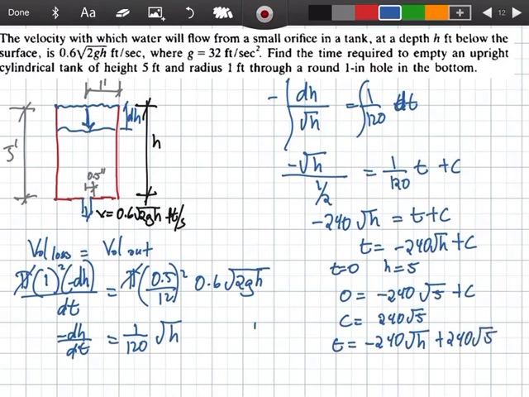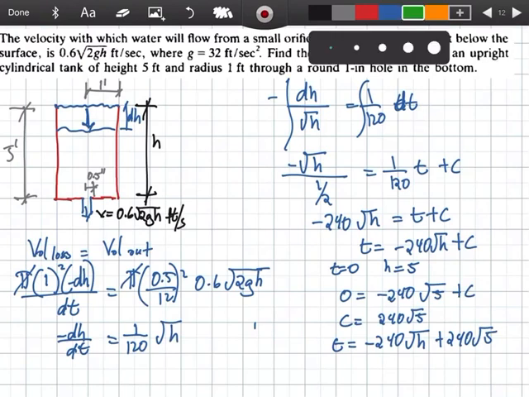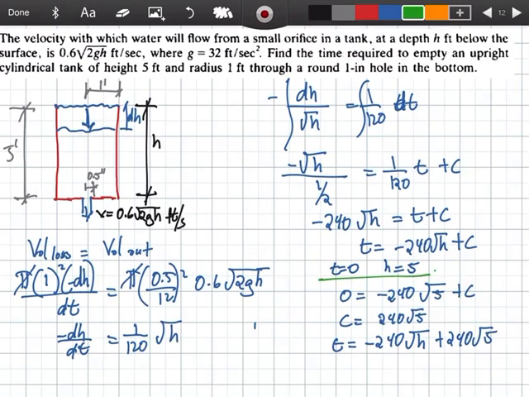Ngayon, kapag wala nang laman yung ating tank, ang h na natin dyan ay 0 kasi nga wala nang laman, 'di ba? Bumababa yung ating water. So, pag wala na siyang laman, h is equal to 0. Ano yung ating time? So, substitute natin t equals negative 240 square root of 0 plus 240 square root of 5.